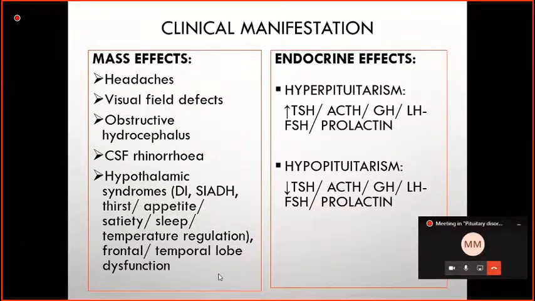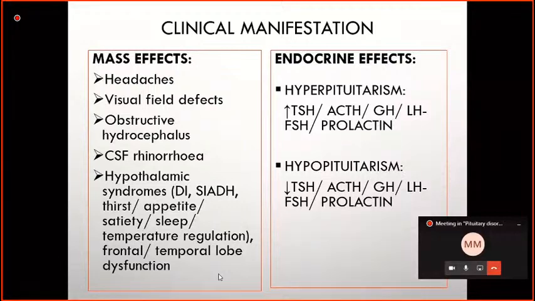When there's a mass effect, these ventricles will expand, but the brain will be compressed, so the pressure inside is high. If you can imagine, the meninges will all be stretched, so it causes headaches.